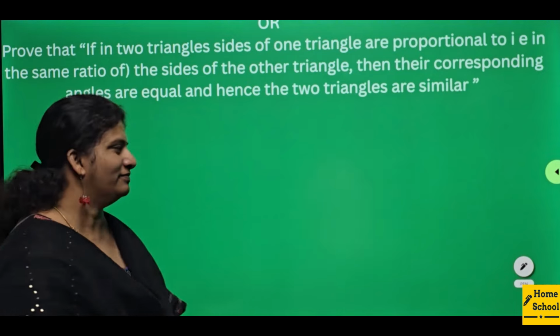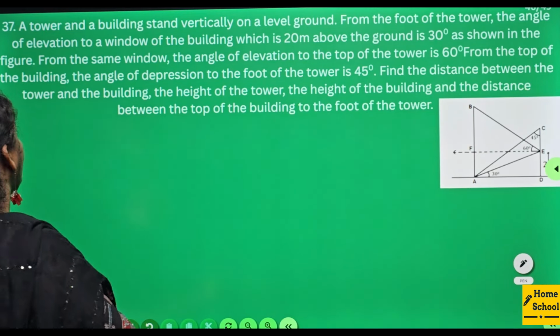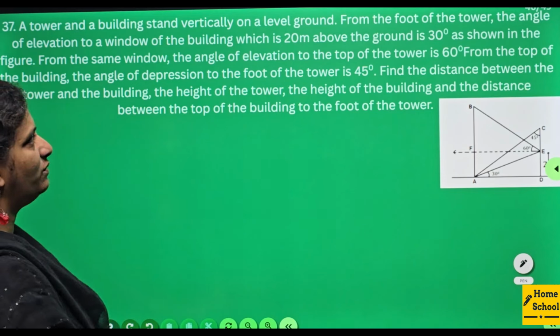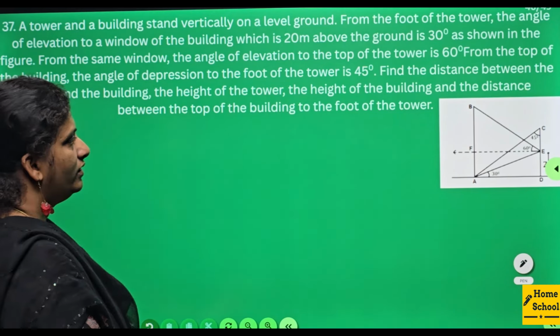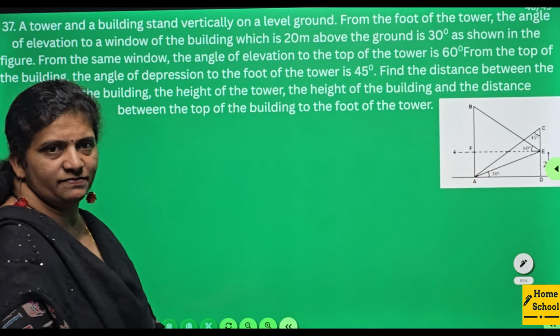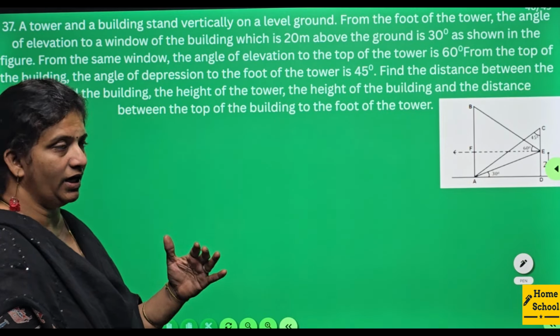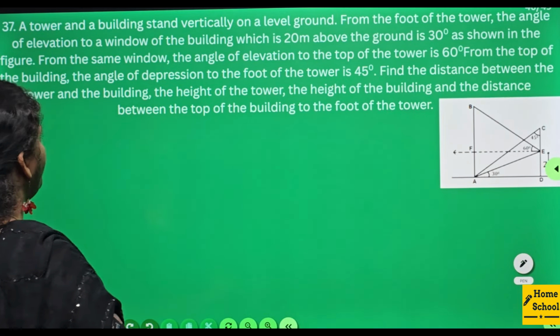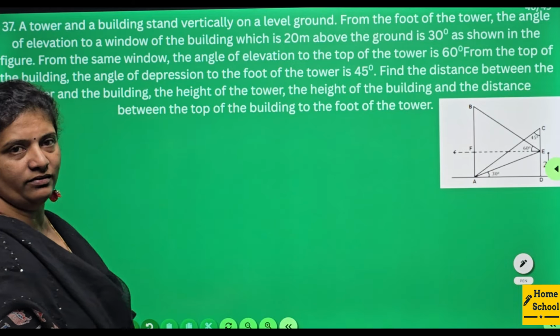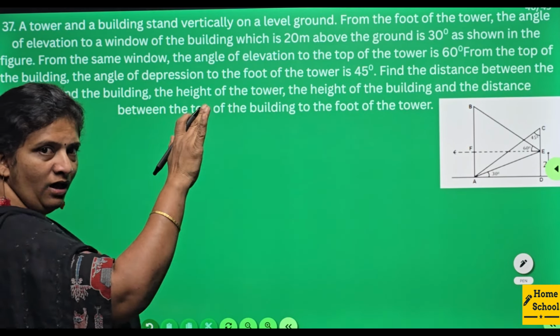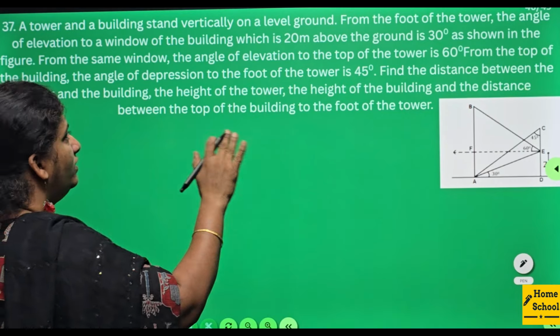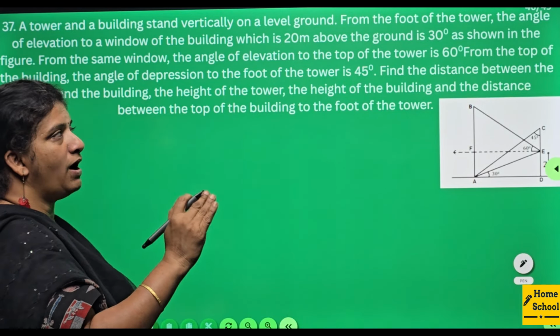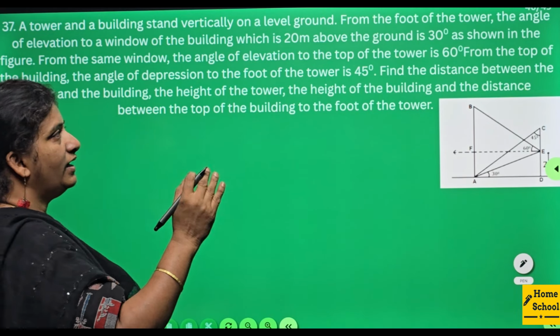Okay. 37th one. A tower and a building stand vertically on a level ground. Which is tower and which is building? Let me read one more point, then we'll come to know. The angle of elevation to the window of a building which is 20 meter above the ground is 30 degree.